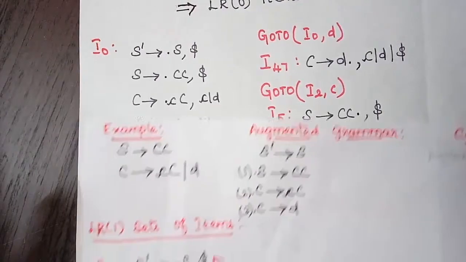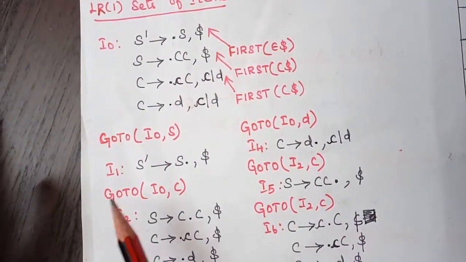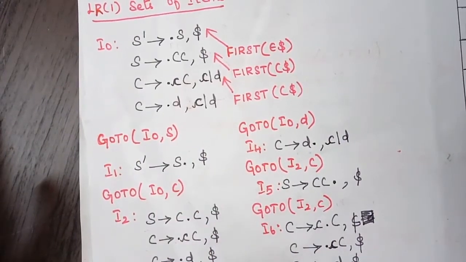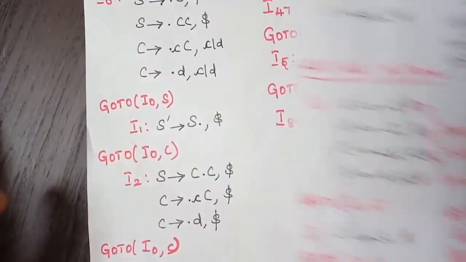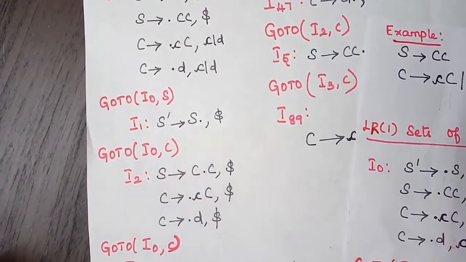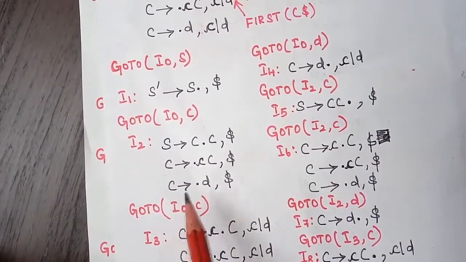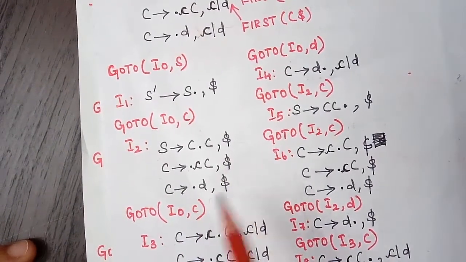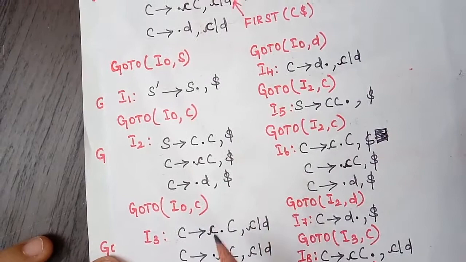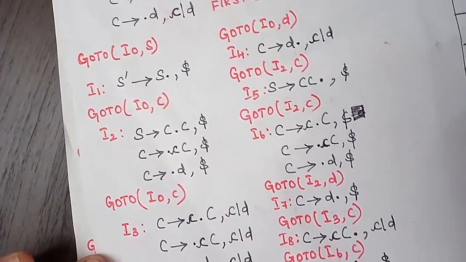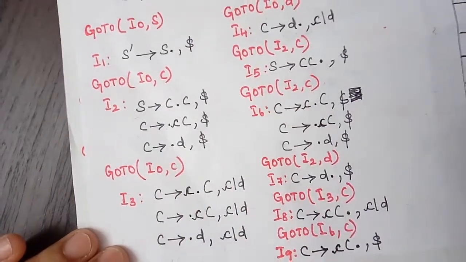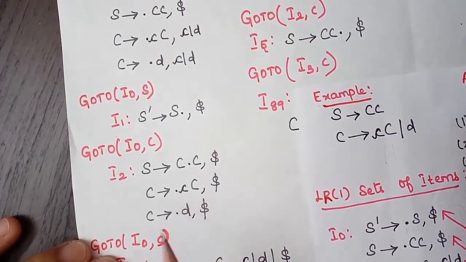Then coming to I1, again there is no repetition, so I'm taking I1 as it is. Then coming to I2, there is no repetition, that is S implies C dot C. Like I2 we don't have any other set of items, so I2 is taken as it is.